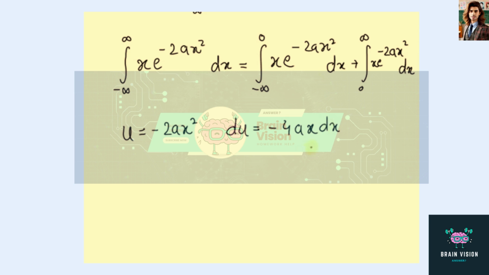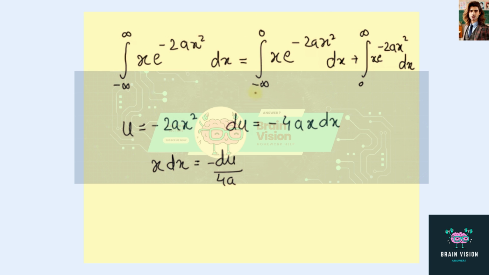So x dx will be equal to minus du by 4a. Now let us see the limits of the integral as well. When x tends to minus infinity, u also tends to minus infinity. When x is equal to infinity, u also tends to minus infinity.